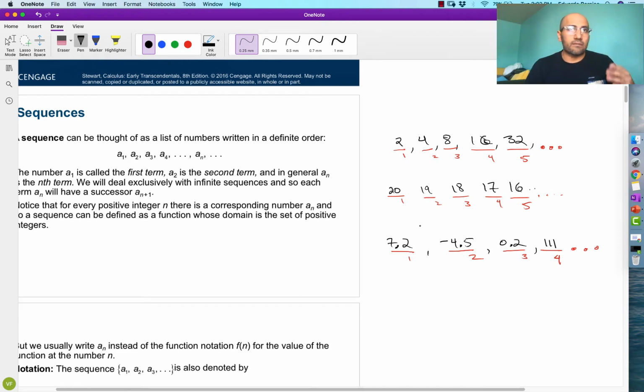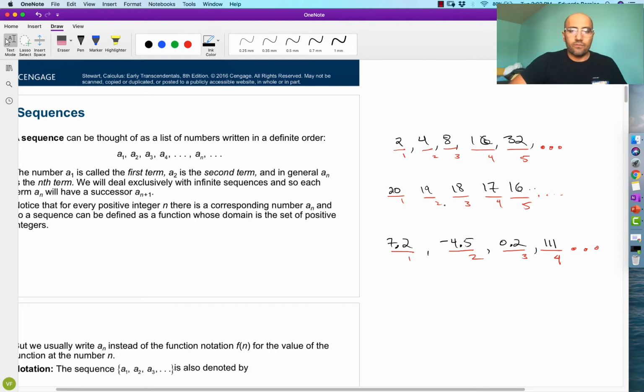It could be something microscopic, something about electrons and their position with relation to the center, all kinds of stuff this could be. And there might be a pattern, and hopefully there is. That's when things are interesting, or there might not be. But for our purposes, they mostly have patterns, right? That's the interesting thing. So some sort of a list of numbers. The order is important, and they go on forever.